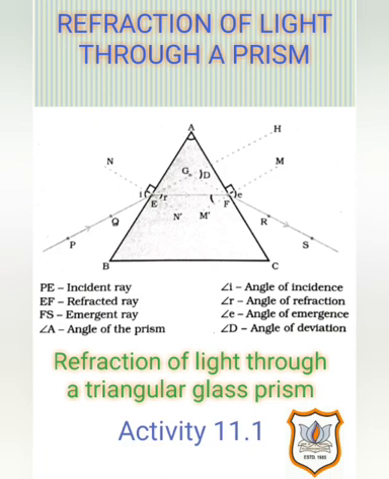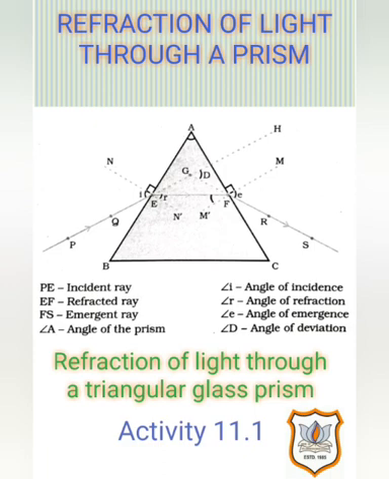The refracted ray EF traveling in glass emerges into air at F. It emerges along FS, bending away from the normal on the face AC at F.